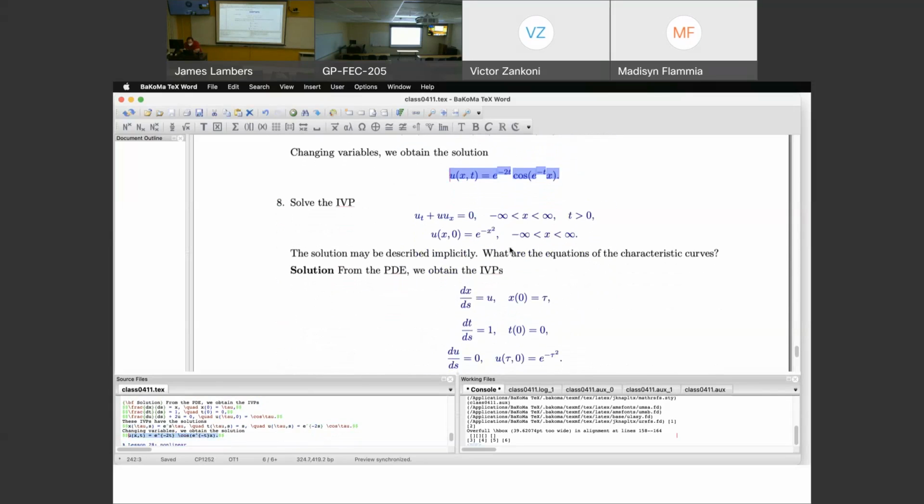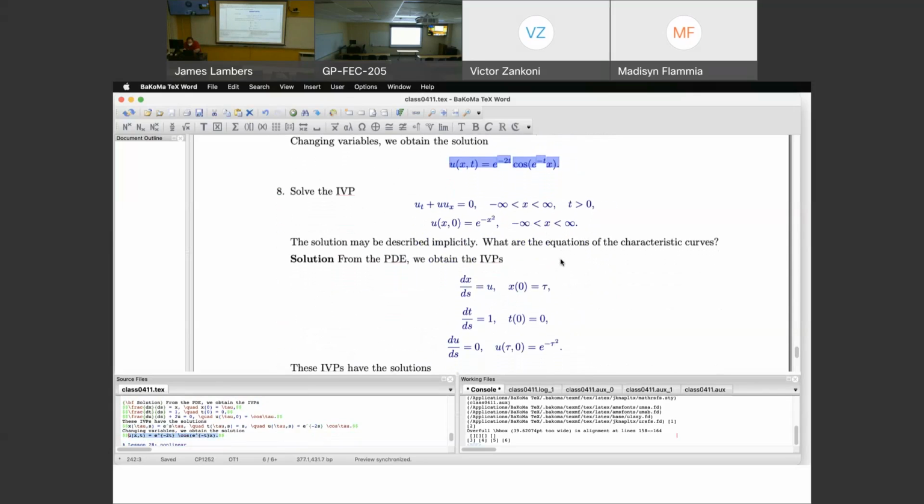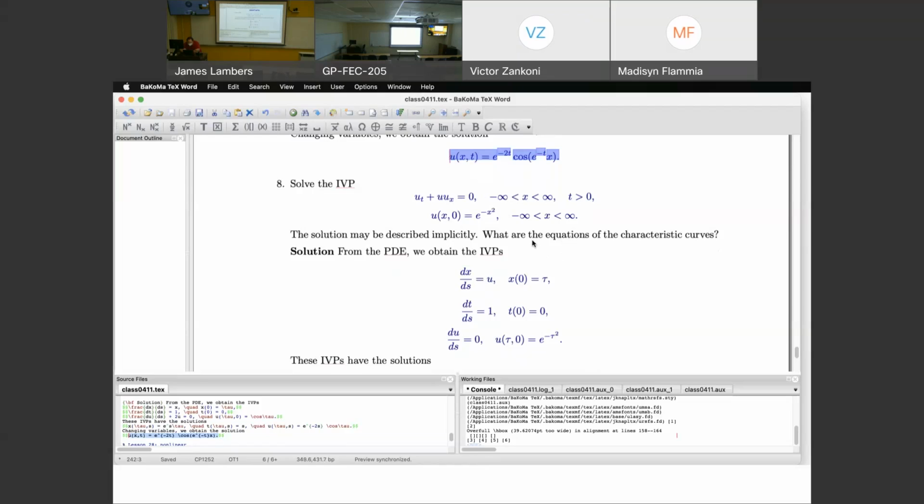And then for the last problem, which is in terms of quasi-linear, first order PDE. So you still apply method of characteristics, but it turns out to be easier to solve this equation first.